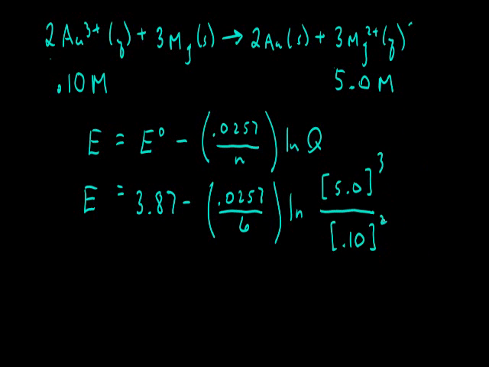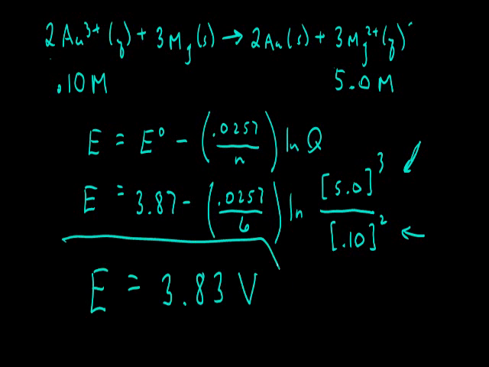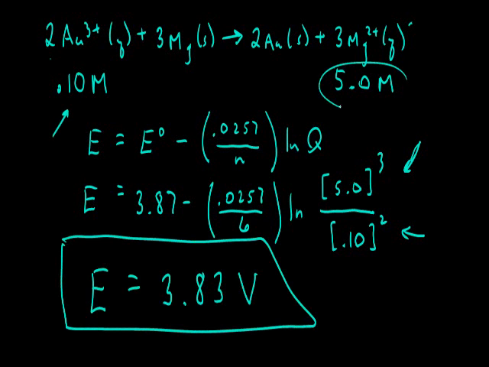Putting our reactant and product concentrations into our Q expression, we can now calculate what our new E value would be for these non-standard conditions. Calculating E, we find it to be 3.83 volts, which is lesser than standard conditions, so our voltage has dropped, which would be reflected by what we would expect with a low reactant concentration and a high product concentration.